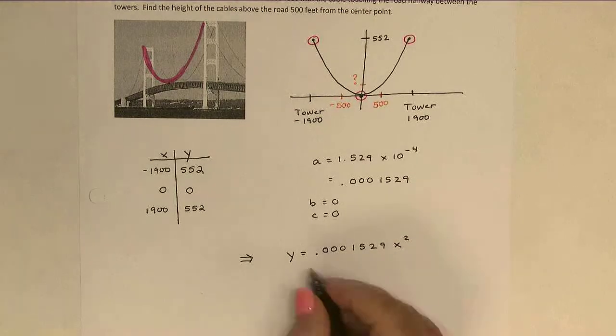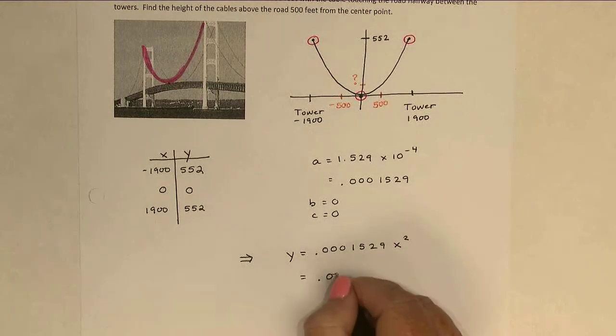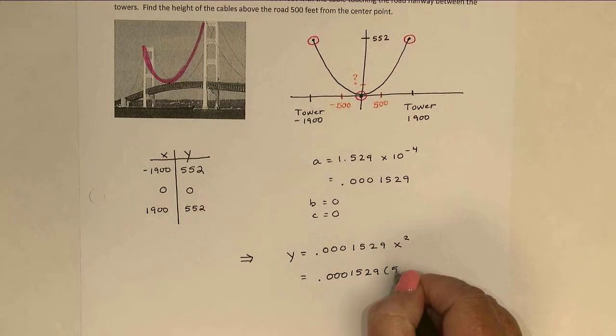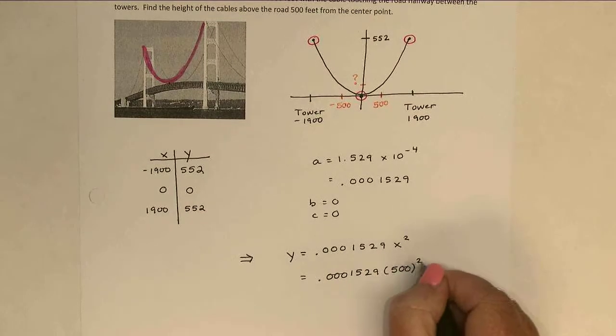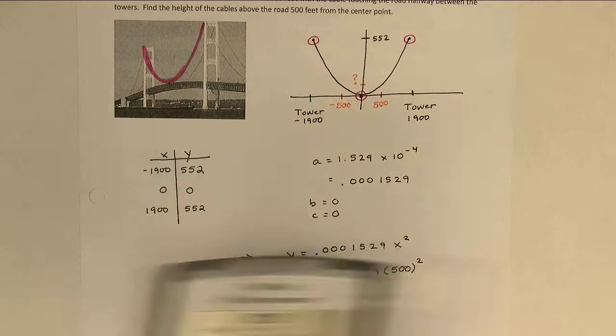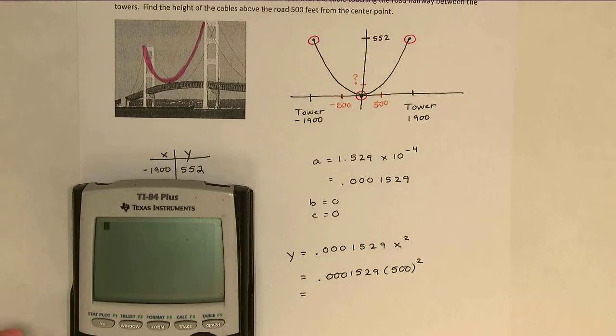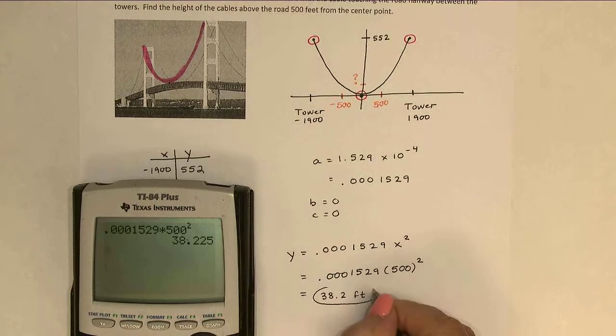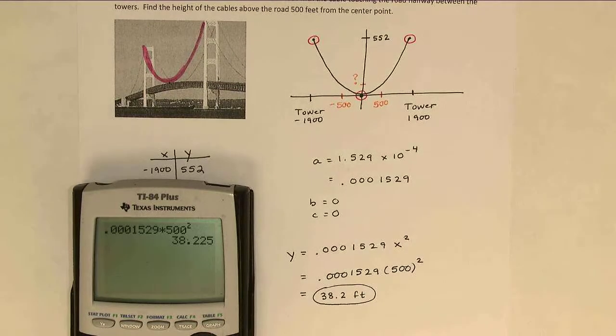So x is going to be, let's just go with 500. And I'm getting a height of about 38.2 feet for the height of the cables at that point.